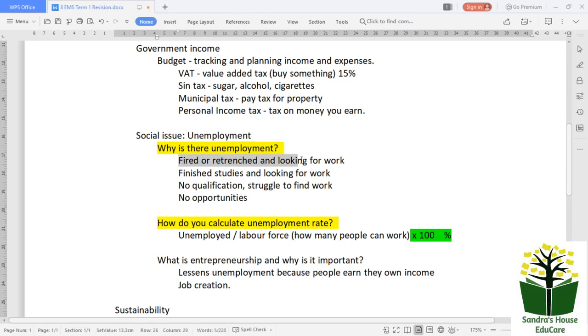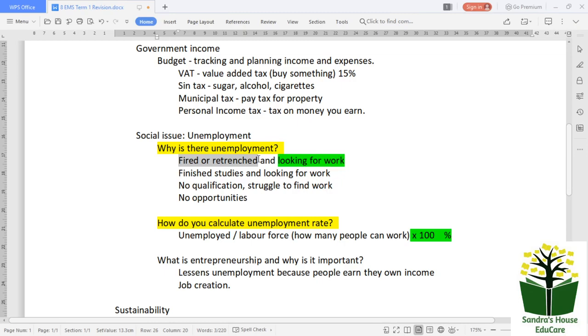We have people who are looking for work and people who can't find work. So people who are looking for work, they were either fired or they were retrenched. Fired means if you didn't do your job well, then you lose your job.